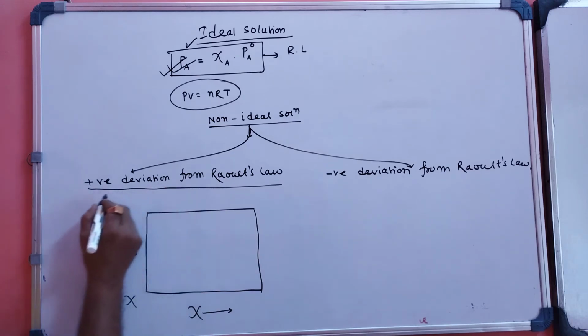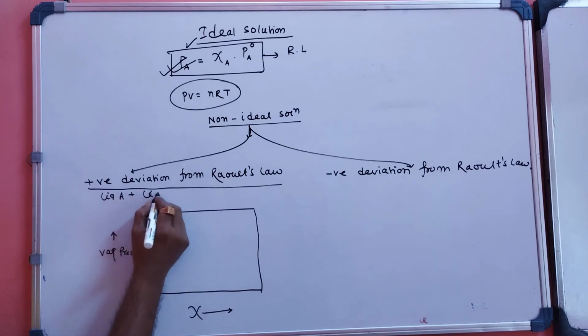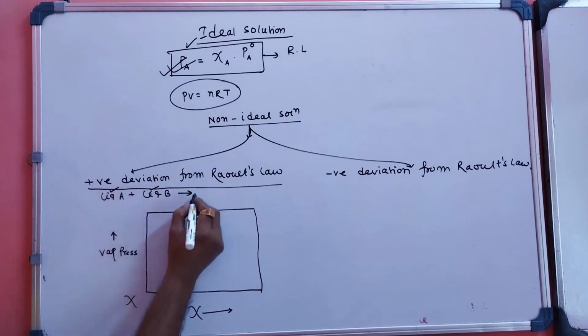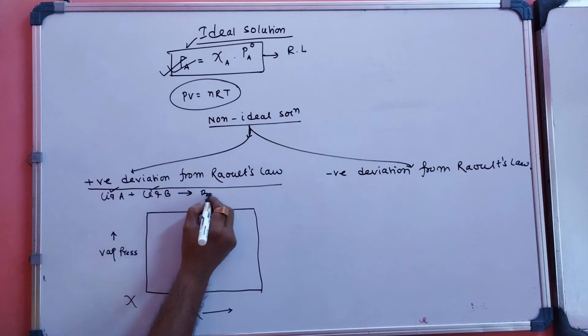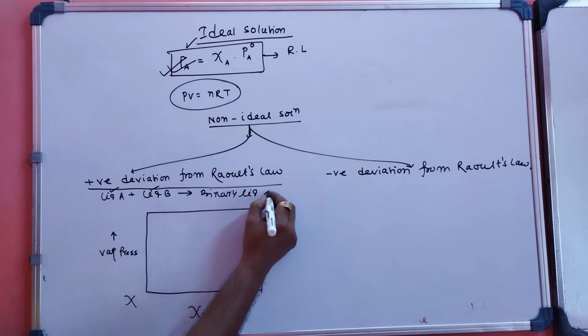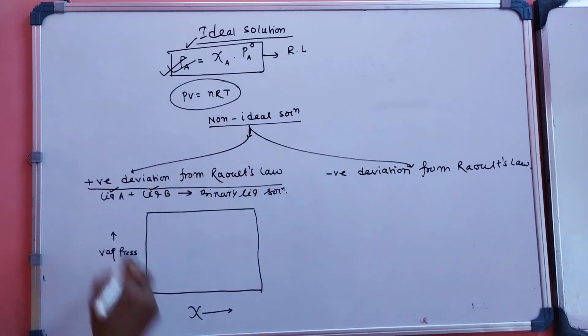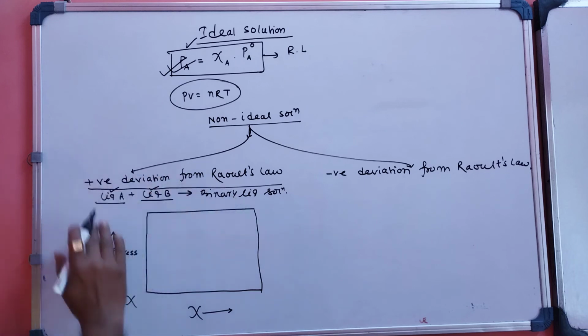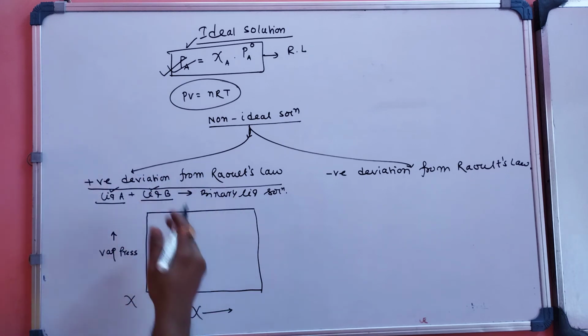Suppose we consider two liquids, A mixed with liquid B, and both are volatile liquids and they form a completely miscible binary liquid solution. Clear?